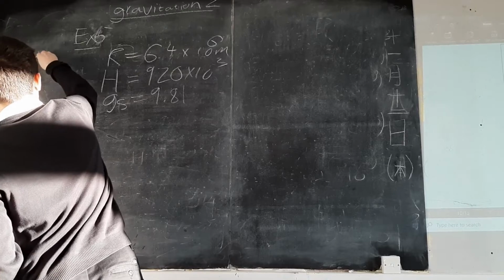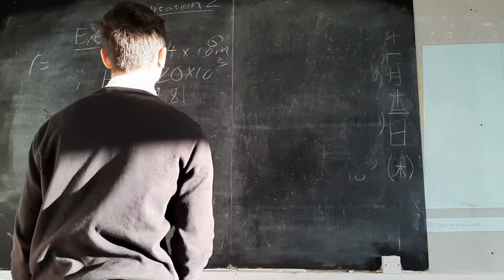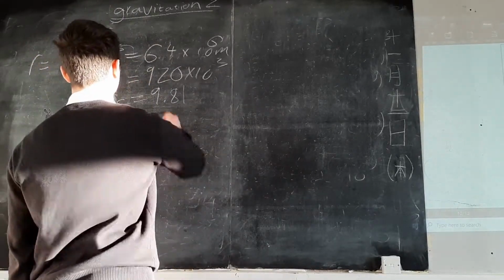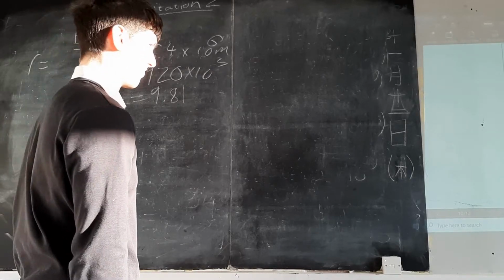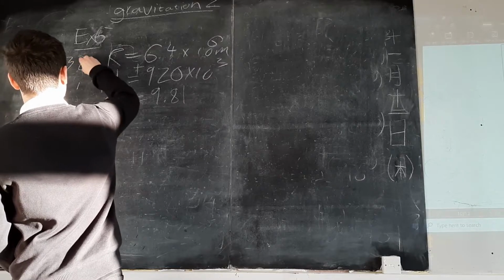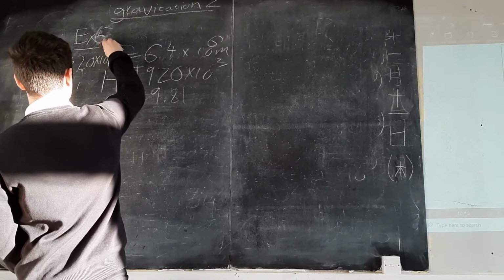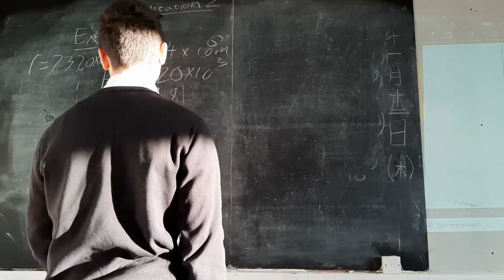We also need R because H is useless for the equating bit. So we just add these two together to get H, which is 7,320 kilometers times 10 to the 3. Yeah, now we have all we need.